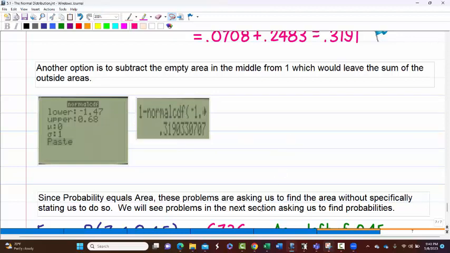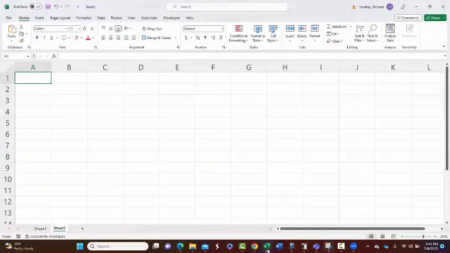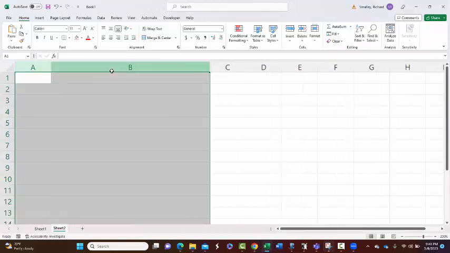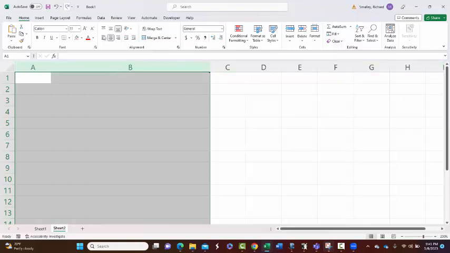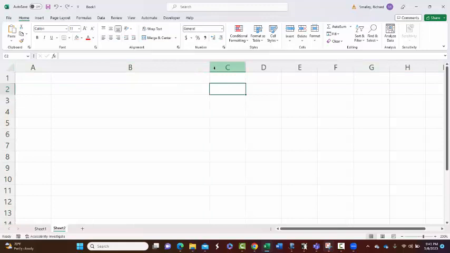Now let's try it in Excel. I'd better stretch this out. It's going to be a long command. Oh, what is that? I don't want to do that. I only wanted column B, just stretch.